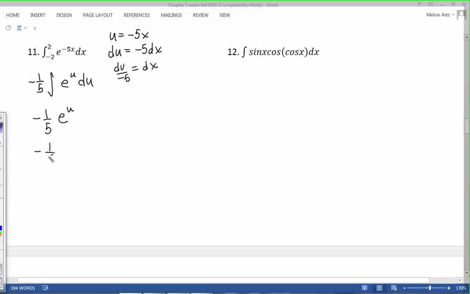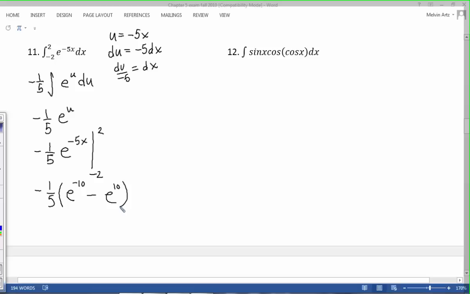Now changing this back into terms of x, we would have e to the negative 5x, and we're going to evaluate this from negative 2 to 2. So we have negative 1/5 e. Now when we plug in 2 for x, we would get negative 10 minus, now we're going to evaluate it at negative 2, and we would get positive 10. And I'm going to leave it as the exact value.